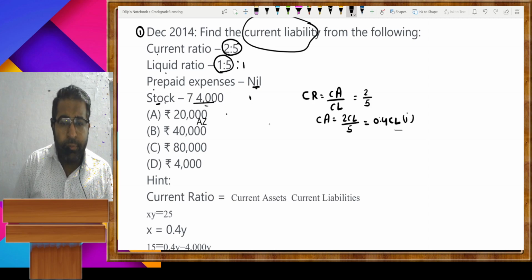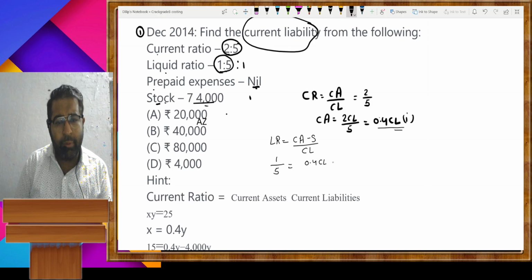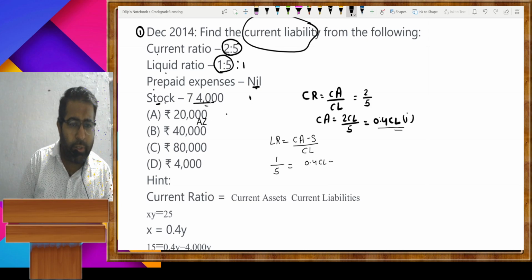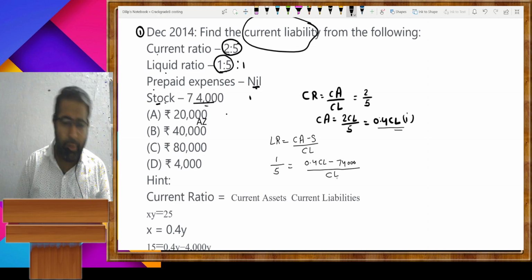Okay. Now, liquid ratio. What is the formula of liquid ratio? Current assets minus stock divided by current liabilities. Liquid ratio is given 1.5, and current assets 0.4 current liabilities, minus stock. Stock is given 74,000, divided by current liabilities.